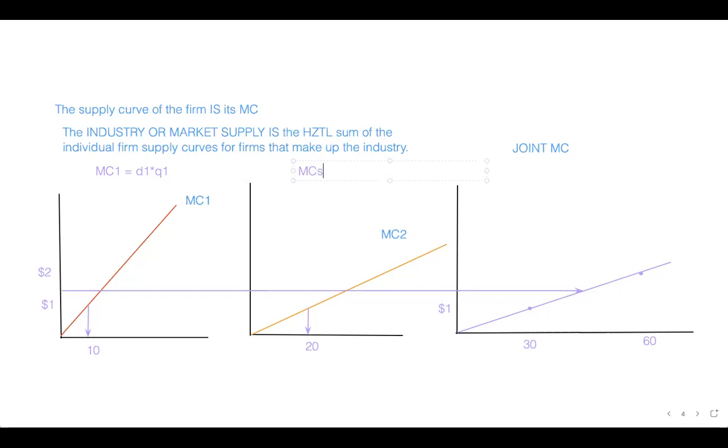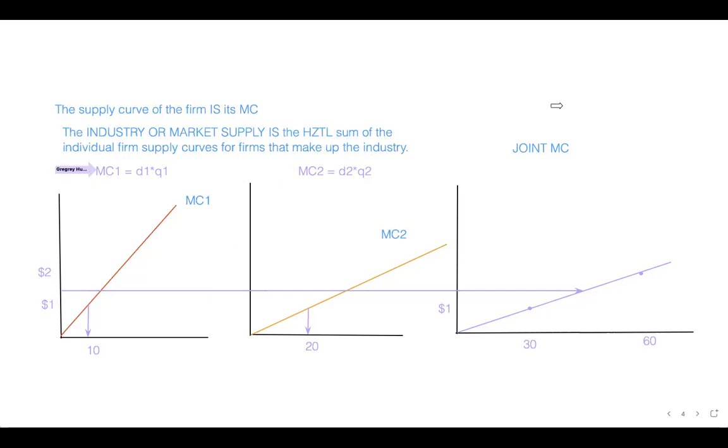And MC2 is some constant D2, a coefficient, times Q2. But if you have these two functions and you would normally add them algebraically, then if you weren't careful, you would be stacking them in the vertical dimension. You see what I mean?